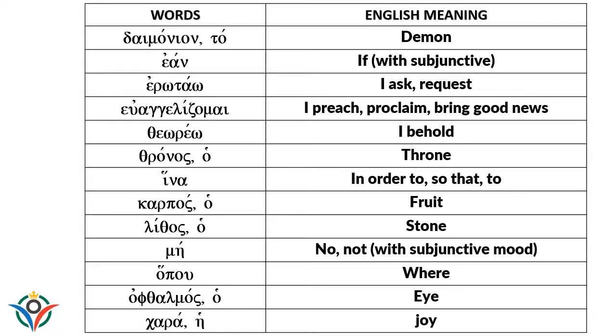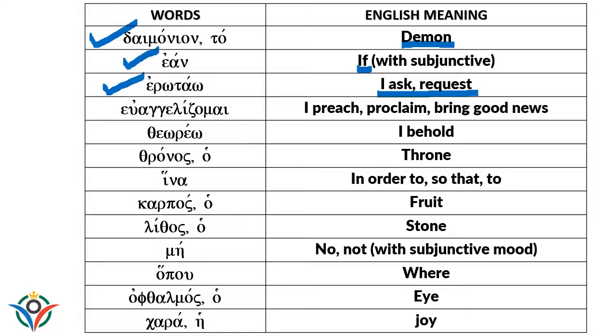So our first word for today is daimonion, which means demon. Then we have the particle ean, which, if you remember, is one of our clues for recognizing subjunctive verbs. So we translate that as if. Then we have erotao, which is I ask or I request.